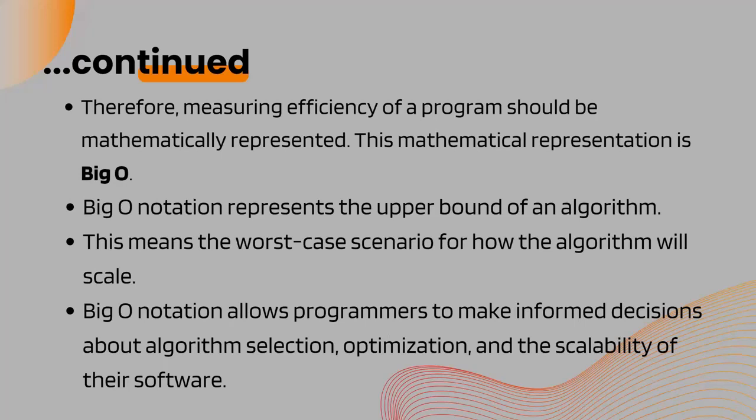This means the worst case scenario. In the worst case, how do the running time and the space requirement grow given an input growth? That is what the big O notation measures, and we're going to see what I mean by the worst case scenario.